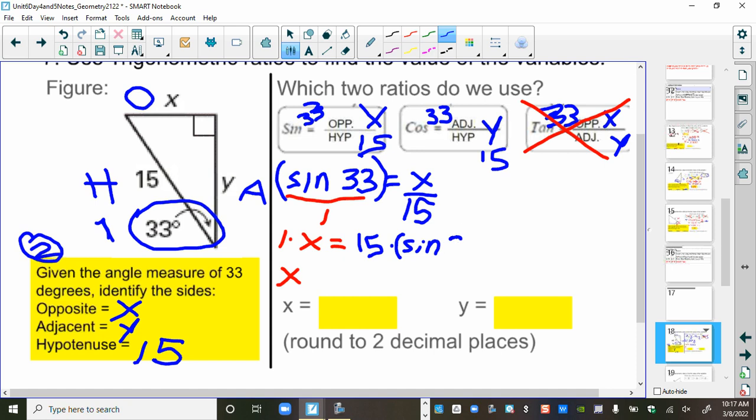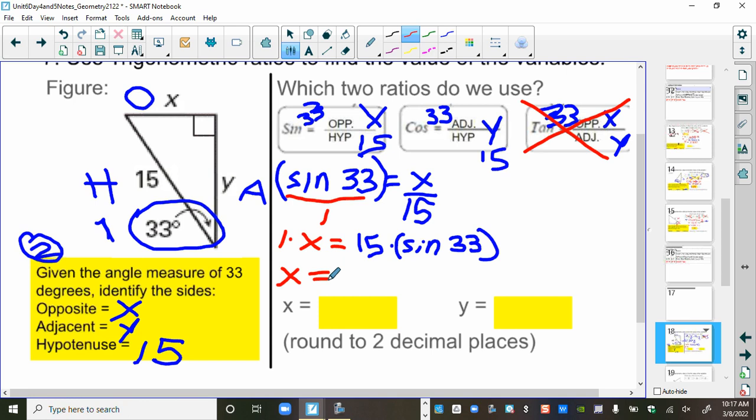And then we just multiply. You can just multiply straight from the calculator. 15 times sine of 33. And we found out you don't even have to convert your sine of 33.